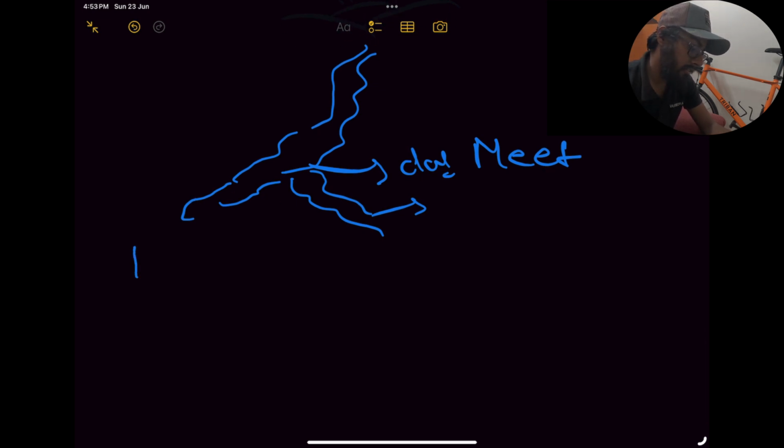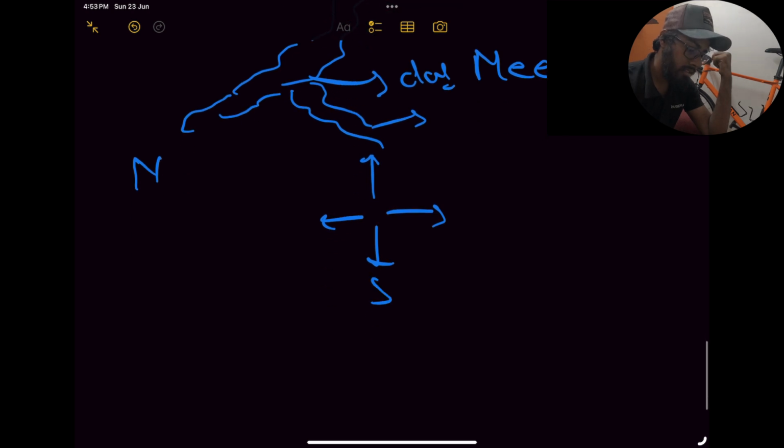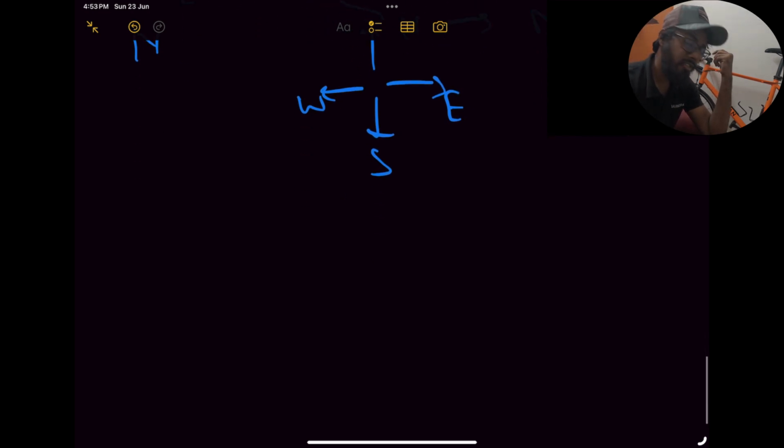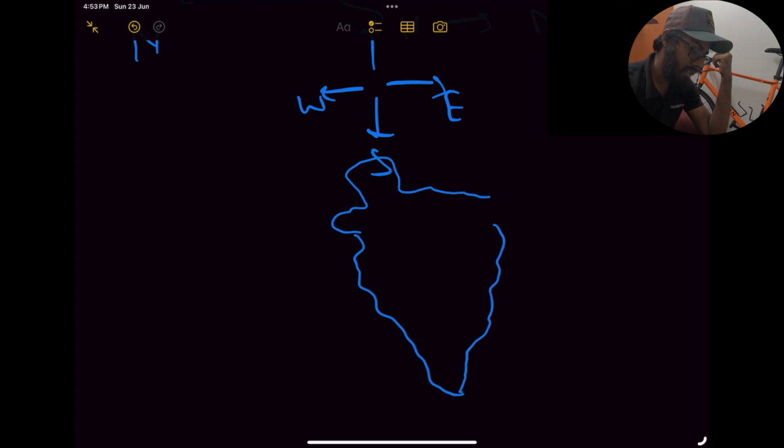And then you have N. So N, you can have something like this. You will find it on your compass, right? S N W E. So this is Norden, right? And if I vaguely draw a map of Africa, let's say, I am not good at drawing, something like this.